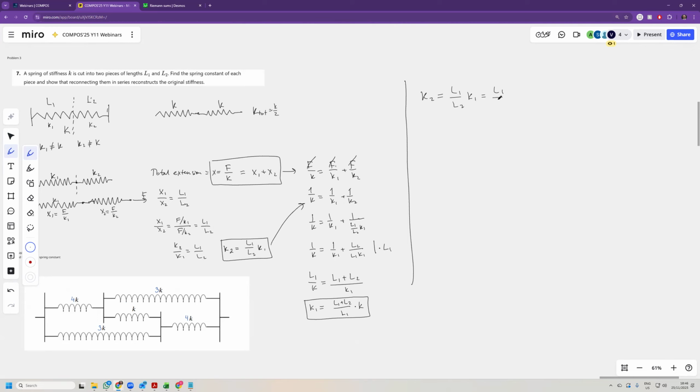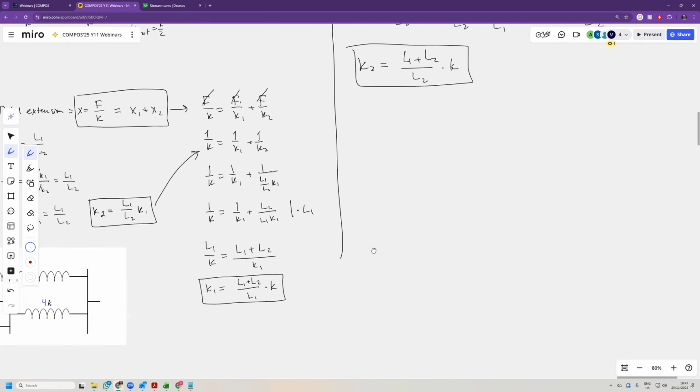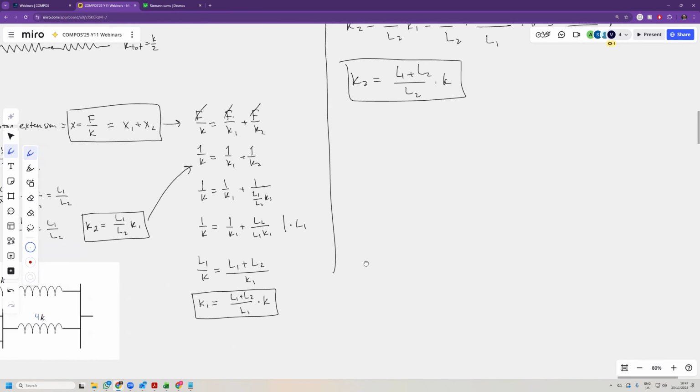So I just substitute L1 over L2 multiplied by L1 plus L2 divided by L1 multiplied by K, which is L1 plus L2 over L2 times K. So K2 is L1 plus L2 divided by L2 times K. Right. So we found the spring constants of the two springs.